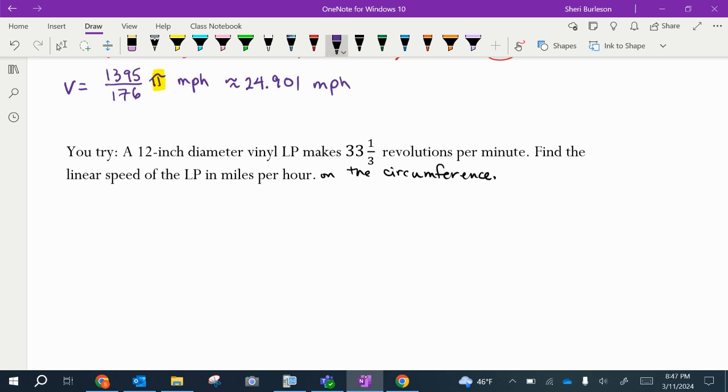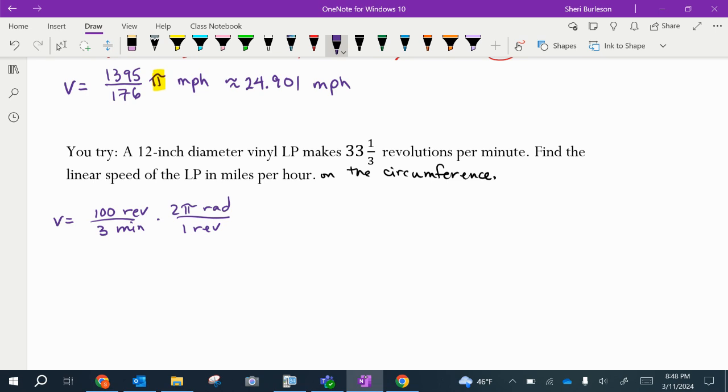So my linear velocity is going to be my 100 revolutions per 3 minutes. That's the other way I said you could have done that. 100 thirds revolutions per minute means 100 revolutions per every 3 minutes. And then I have times 2 pi radians per 1 revolution.